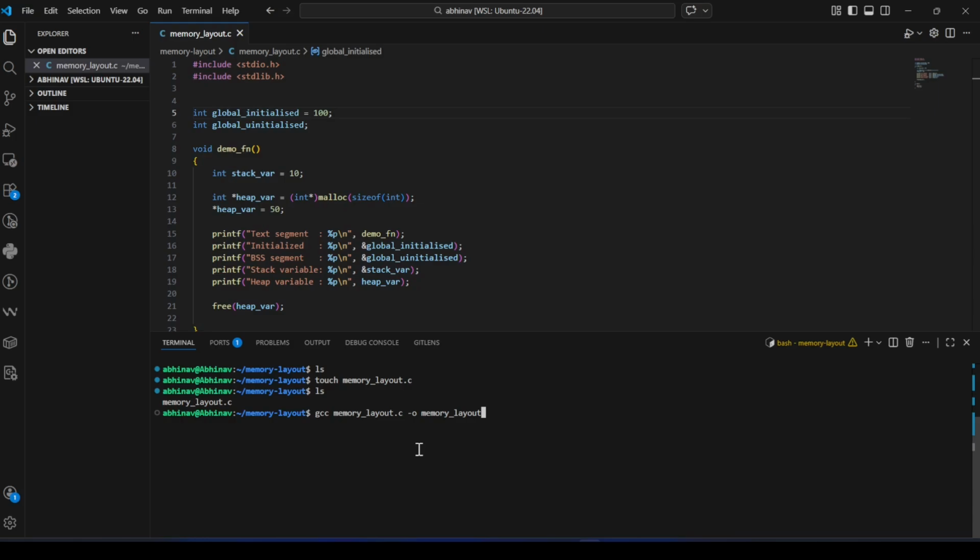Usually the output file will be a.out if we don't name it, and once you name the output file, it will be saved as memory layout. So let it compile, and if you do ls, you can see the source code file and the compiled file. Then let's run it.